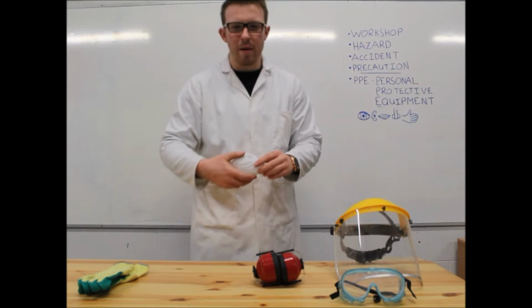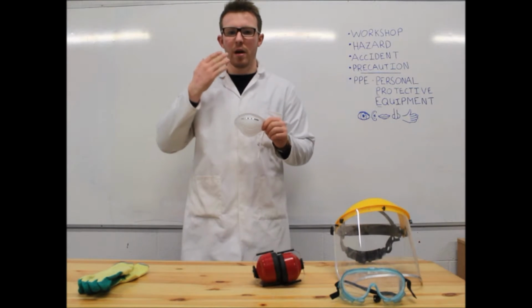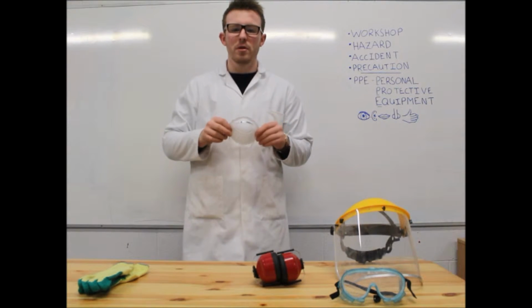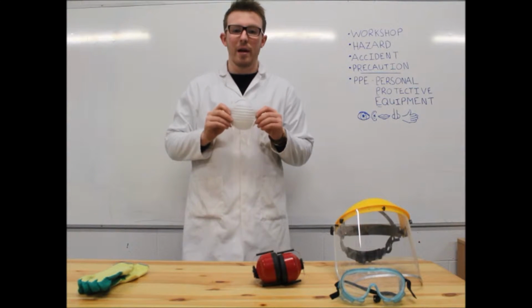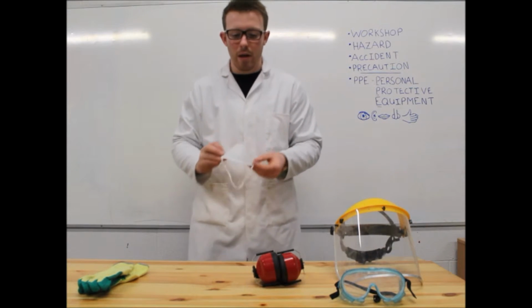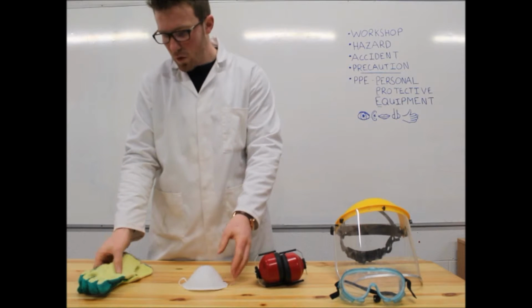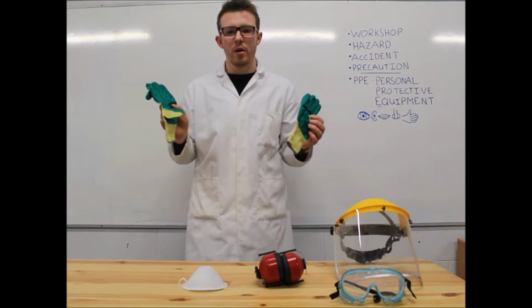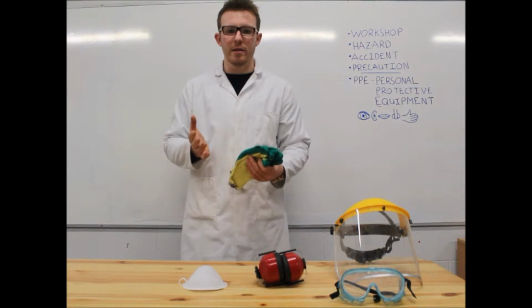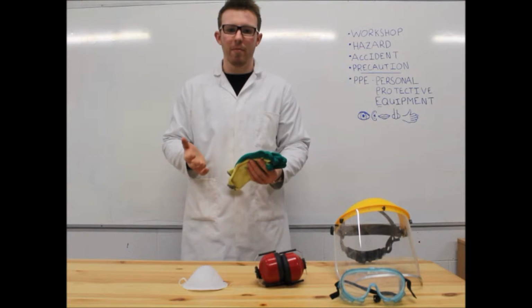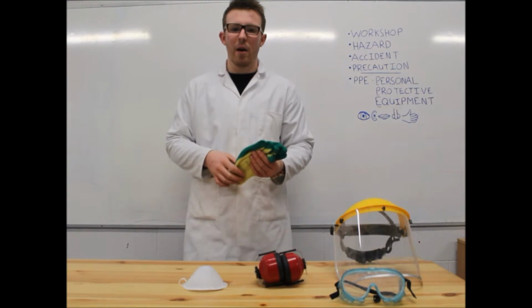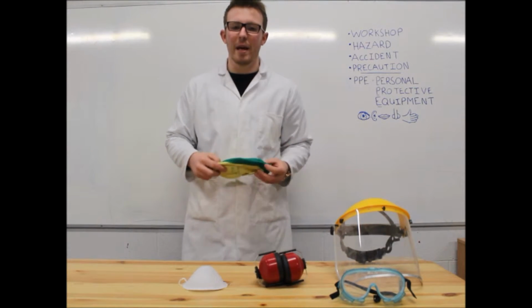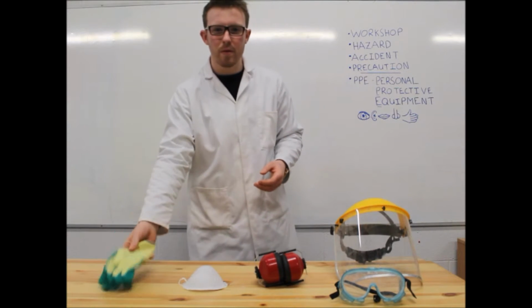We use a dust mask to protect our mouth and our nose from dust and fine particles in the air, especially when sanding. And finally, we use gloves. Gloves are used to protect our hands from sharp, harmful materials and also from hot materials within the MTW workshop.